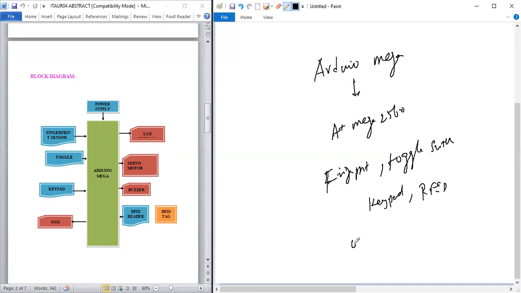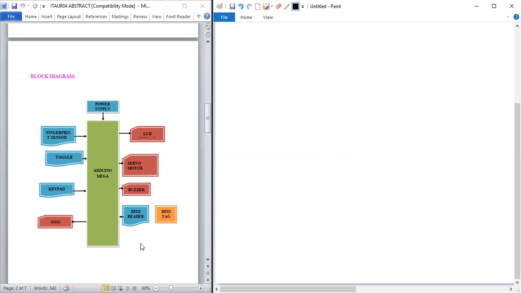The outputs are servo motor, LCD, GSM, and buzzer. These are the components required.